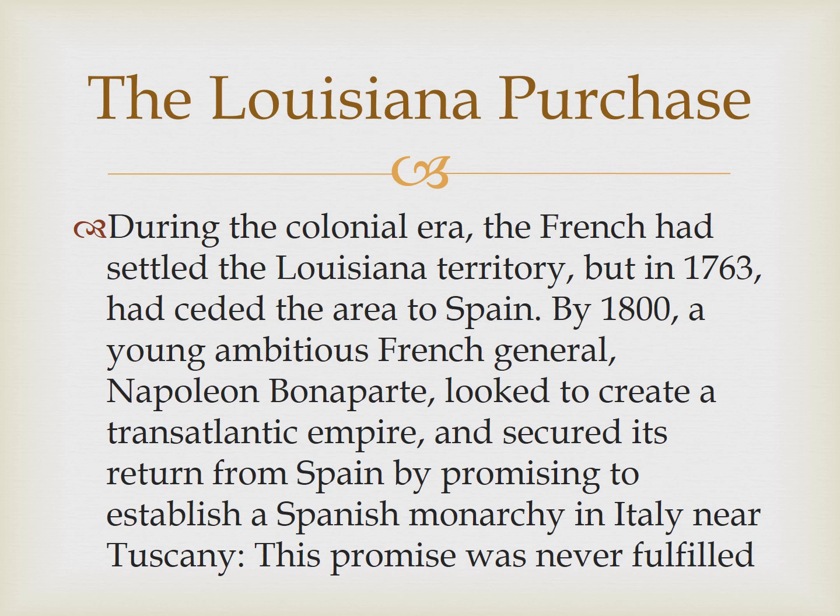And New Orleans is a significant port because it was one of the very few southern ports that the United States had access to. Okay? Well, around 1800, Napoleon attempts to take this territory back, the New Orleans, the Louisiana area back.